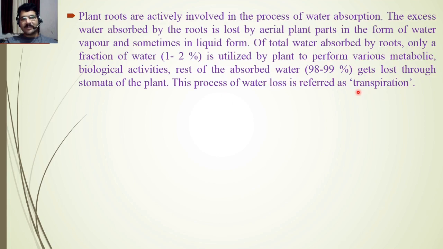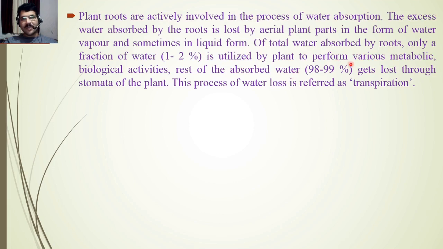So what is transpiration? We have to see here. Our roots are continuously involved in the process of water absorption. They absorb too much water, and that much water is not required for the plant. So only 1 to 2% of water is utilized, and it is sufficient for the plant to perform different types of metabolic biological activities or different types of physiological activities.